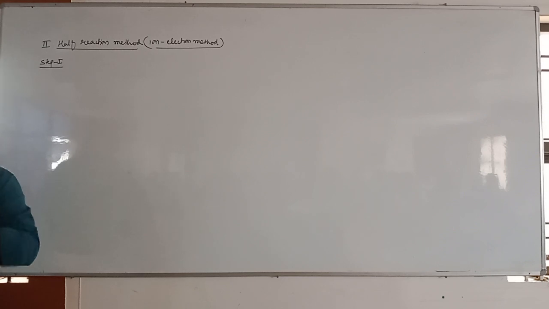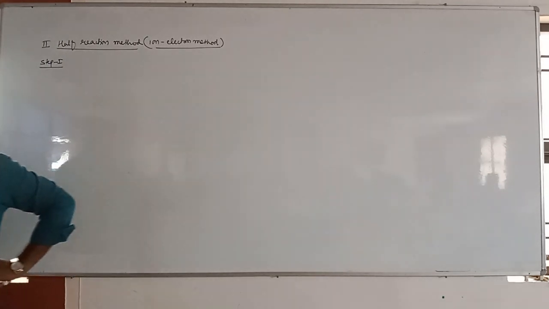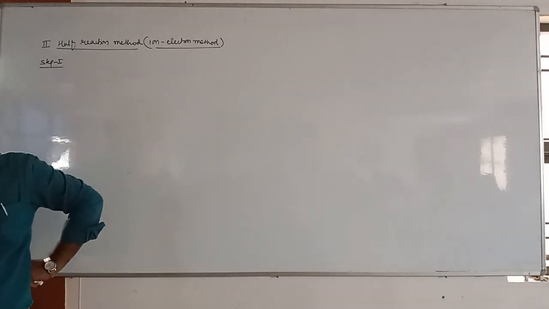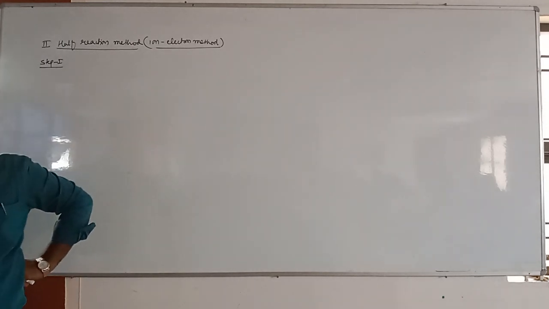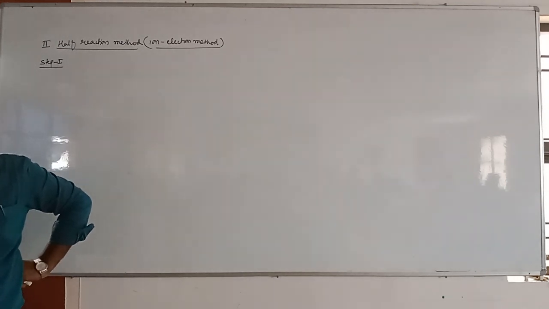So we have written the same point in oxidation number method, no? So write in short form here: balance hydrogen as in oxidation number method. Understood?